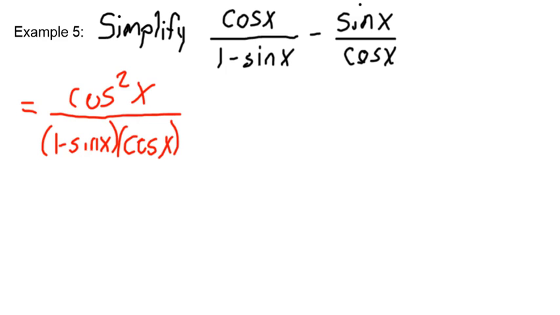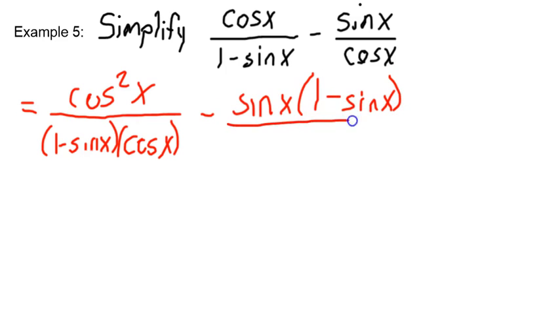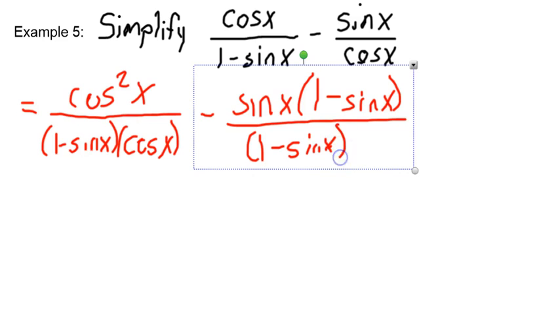We need to multiply that by the quantity 1 minus sine x. So we're going to subtract sine x times the quantity 1 minus sine x, all over 1 minus sine x times cosine x.